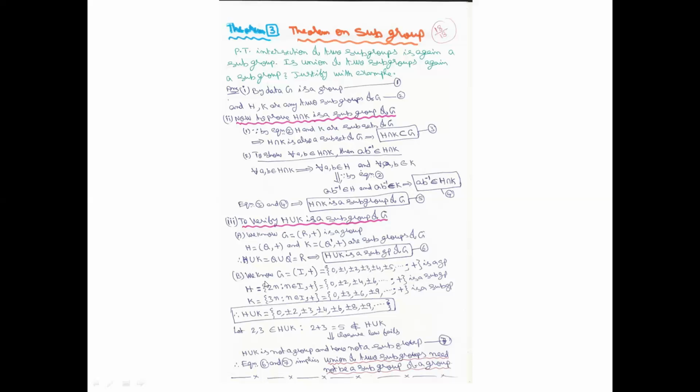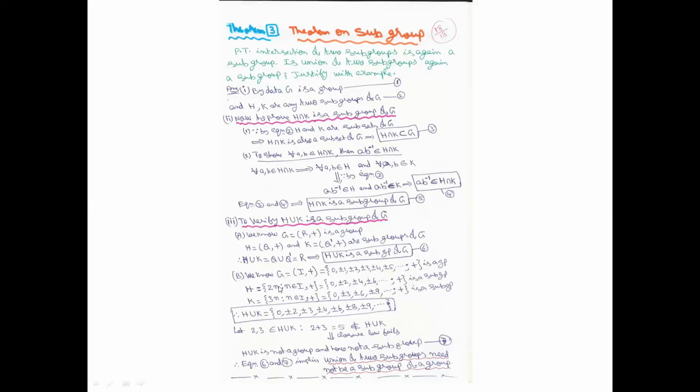Further, let me take two subsets. Observe carefully, two subsets H and K. H is the set of elements which are multiples of 2.